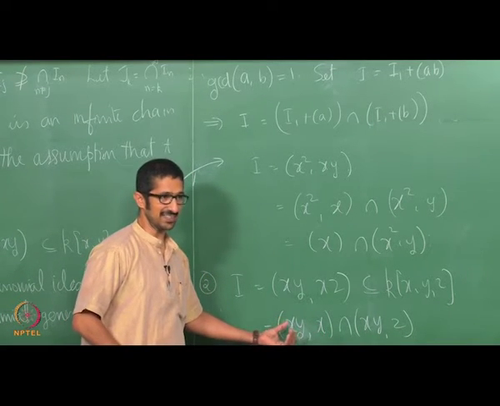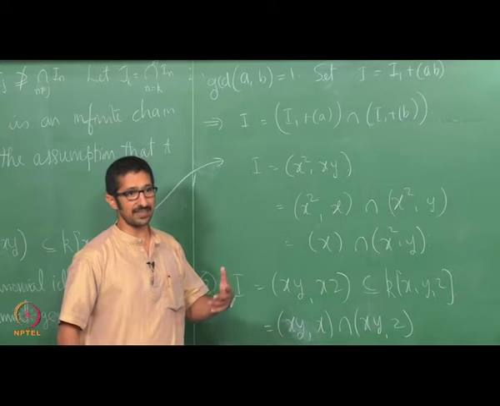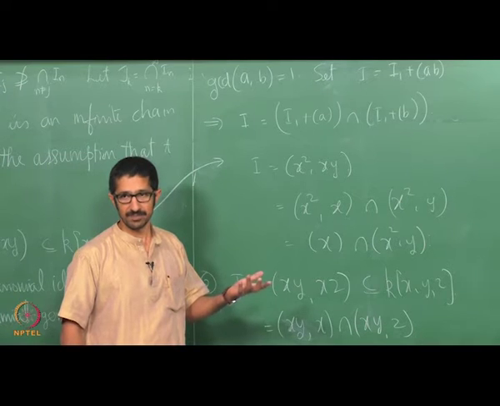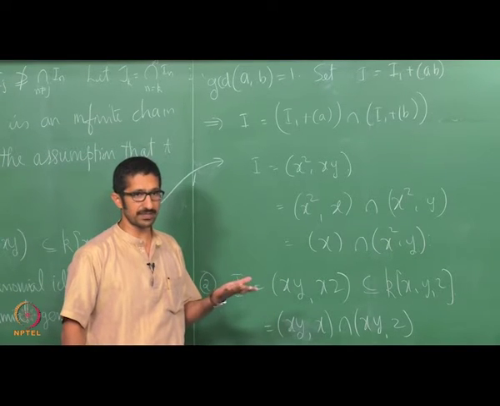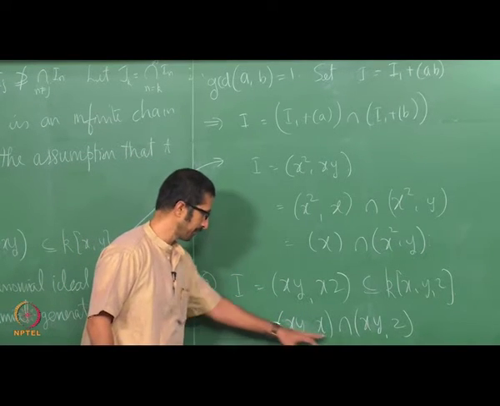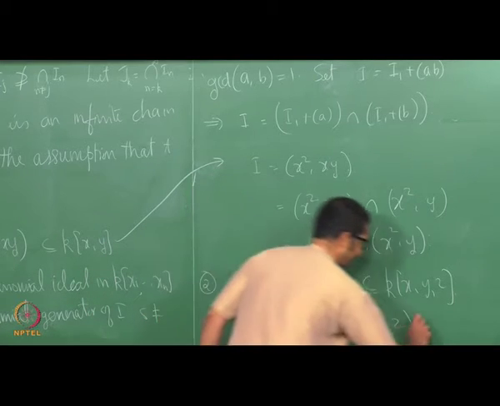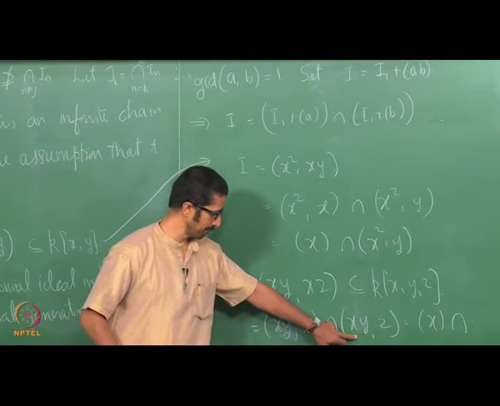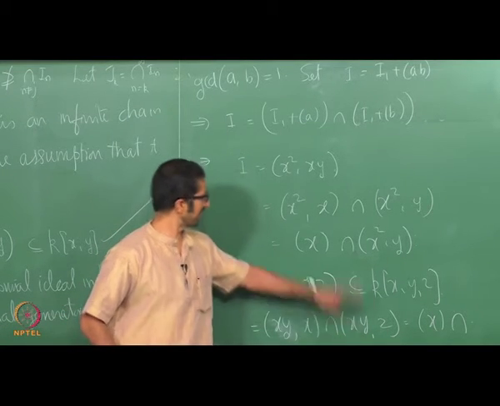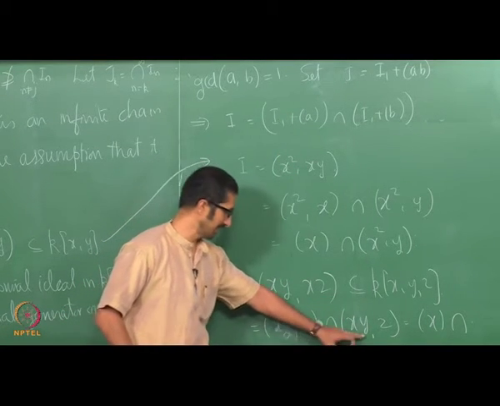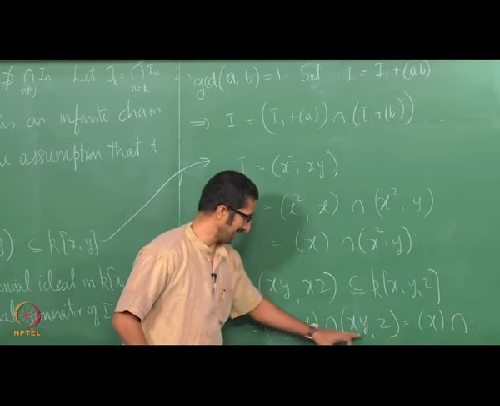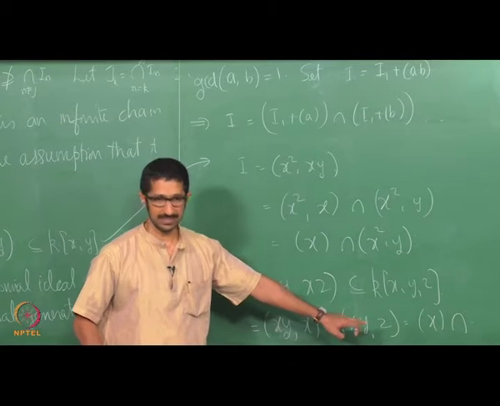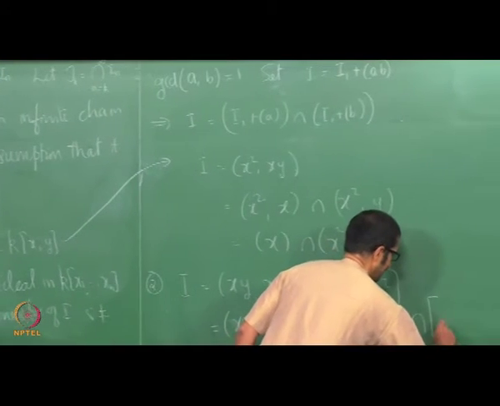The second generator, so it is like looking at the ideal generated by 2 and 4 in Z. 4 is contained in the ideal generated by 2. So therefore this is the ideal generated by x itself. But the second one, we can again use the previous result, (z, x) intersection with (z, y).